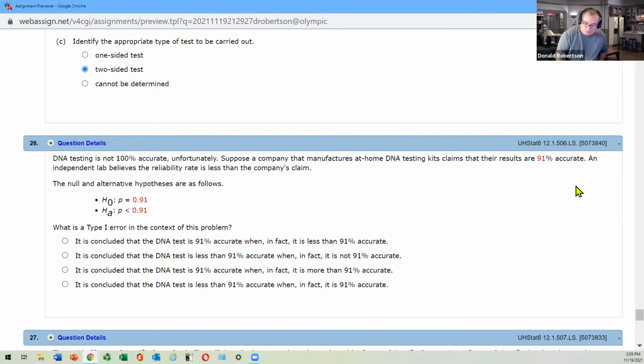Okay, so you supply DNA of the baby, you supply DNA of the possible father, and they come back and they're 91% right. Well, not great. Null hypothesis, less than 91. An independent lab believes that this reliability rate is less. Do you see why we chose that less than, right?